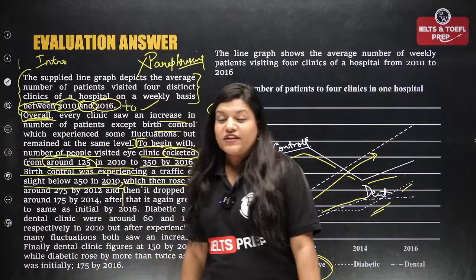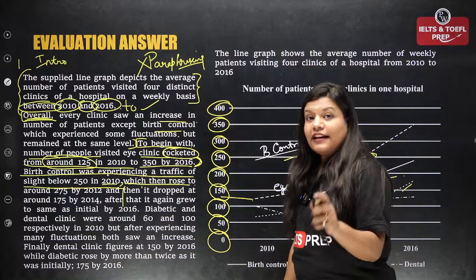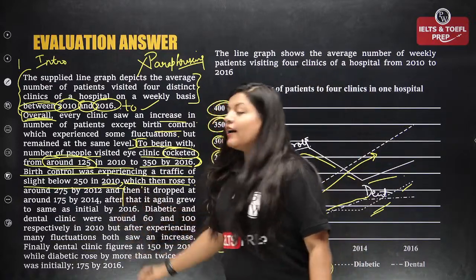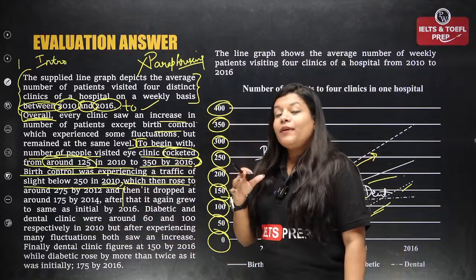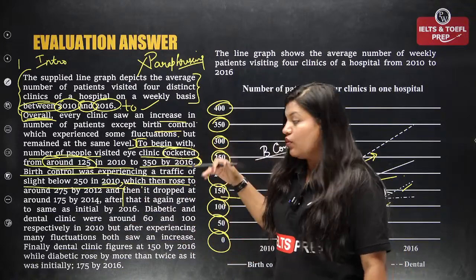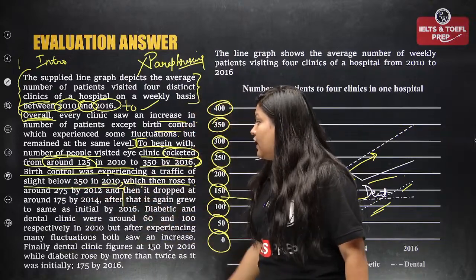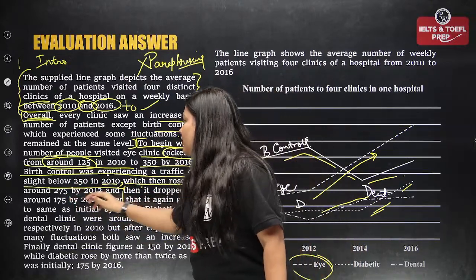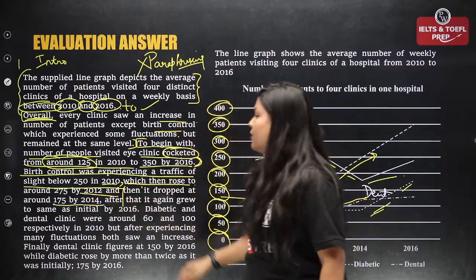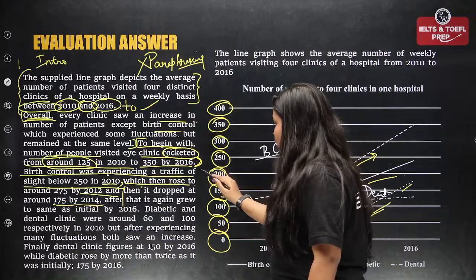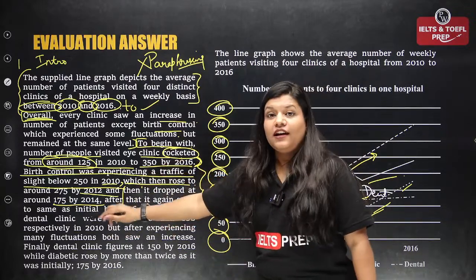Okay, punctuations are also certain pointers which we need to take care of at the time of writing the answer. So if the student, again I have already told you, whenever we are separating different kinds of clauses, we put a comma. Okay, so experiencing a traffic slightly below 250 in 2010, which then rose to around 275 by 2012, and then it dropped to around 175 by 2014. Now again, even though the student has mentioned the data properly, still it is not giving a clear picture.